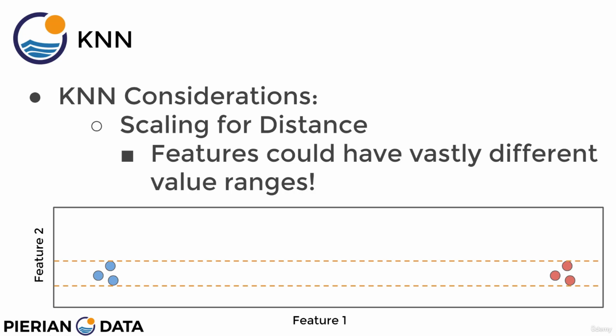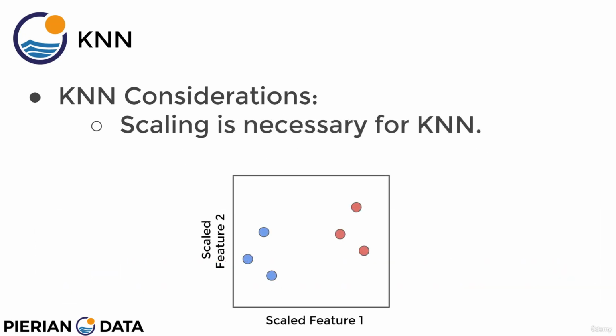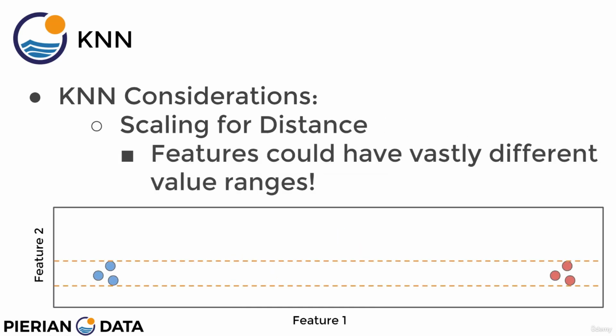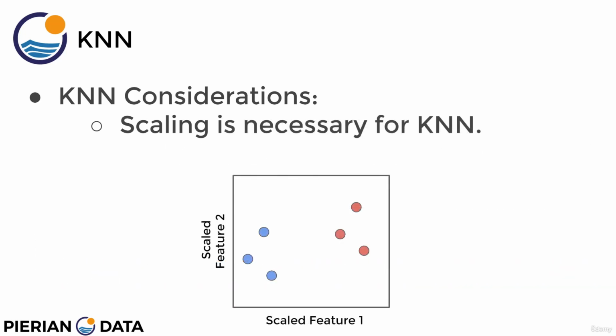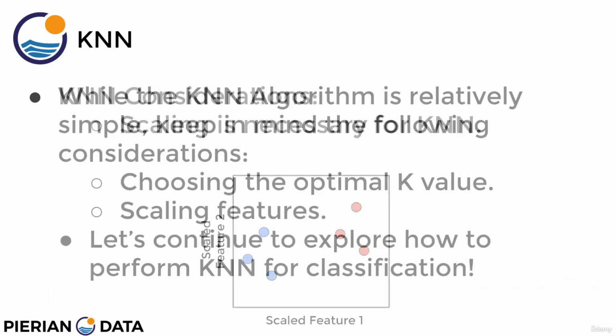So depending on what distance metric you're actually looking at, this difference of scale between feature 1 versus feature 2 could cause some issues. So in general, what you should always do is scale your data before actually running k-nearest neighbors. We're going to say that scaling is actually a necessity to run k-nearest neighbors effectively because you're using a distance-based metric. And you don't want a situation like this causing issues with that distance metric. Instead, just don't worry about it by always scaling your features.